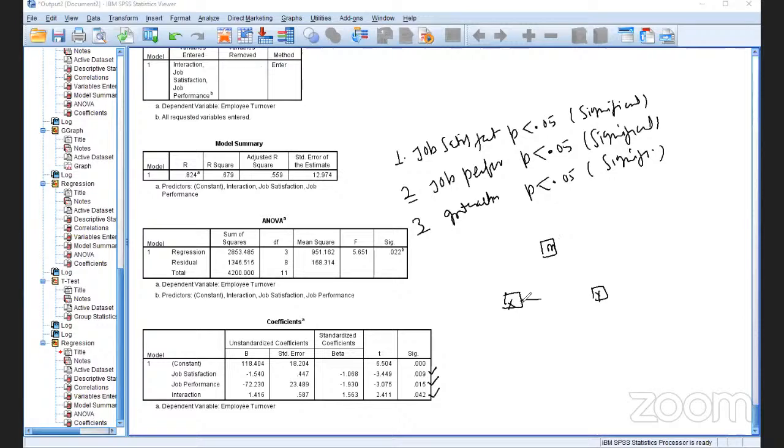When we take them separately, employee turnover and job satisfaction, and this is employee performance. When we separately checked the relationship between employee turnover and job satisfaction, it was not significant because the p value was greater than 0.05.